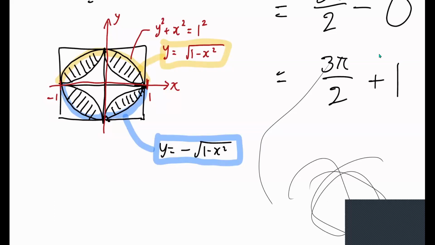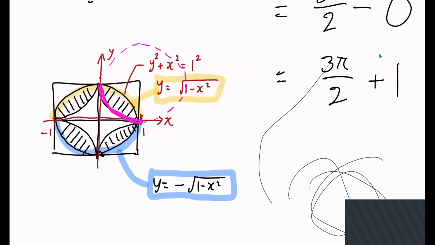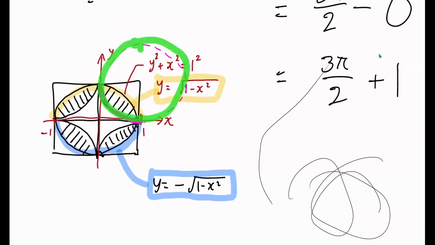For example, you could figure out what is the equation of this curve here. You realize that it's actually part of a circle over here. Right? So that means that you could find the equation of this circle.